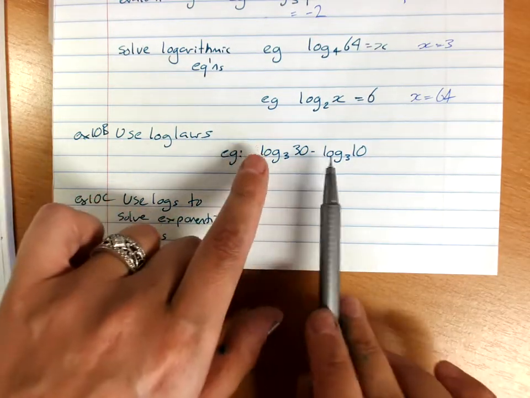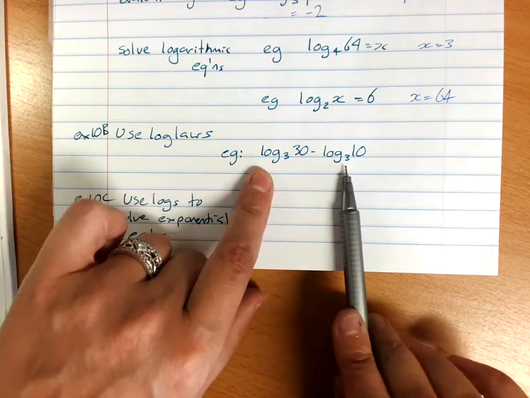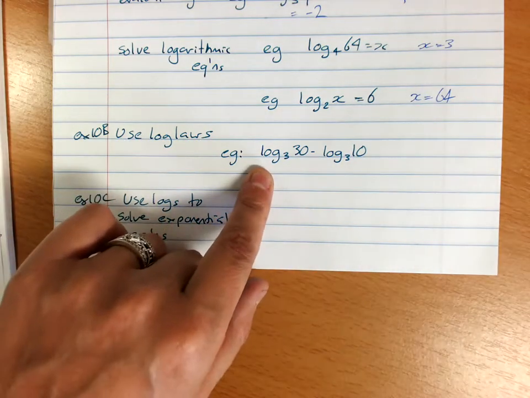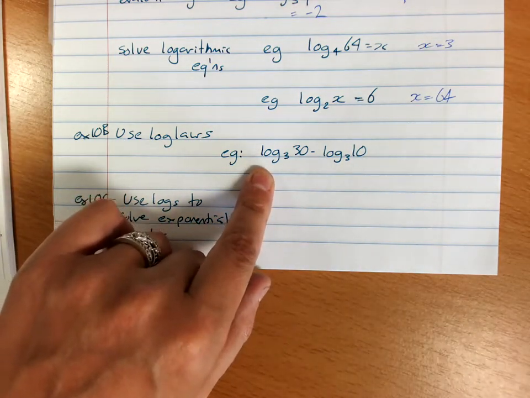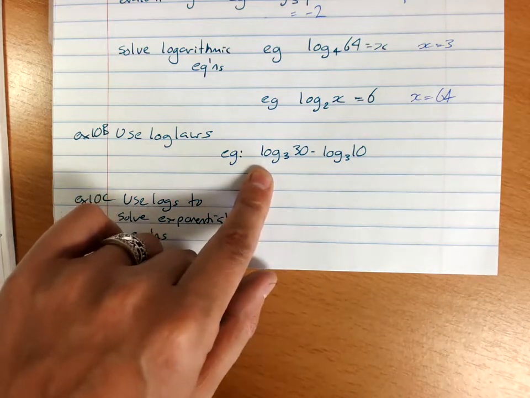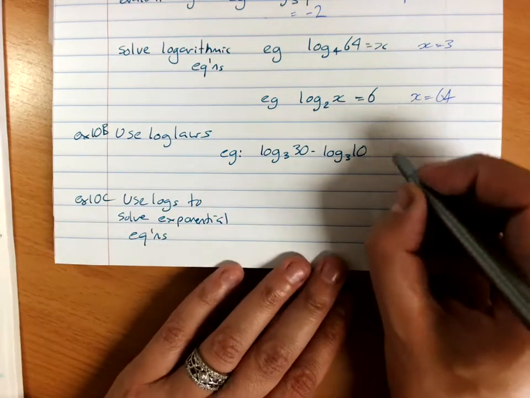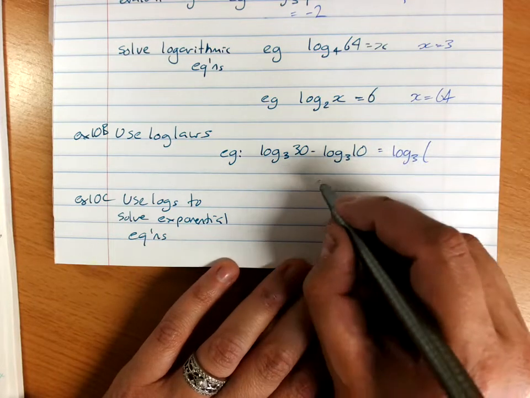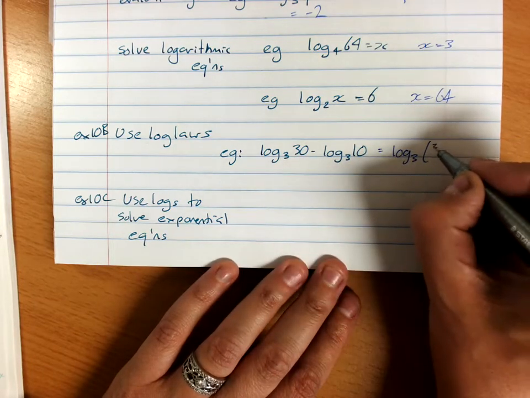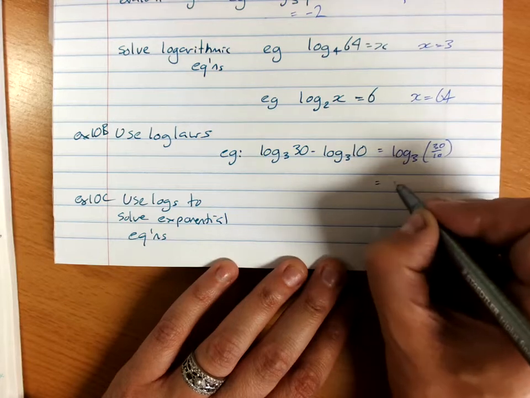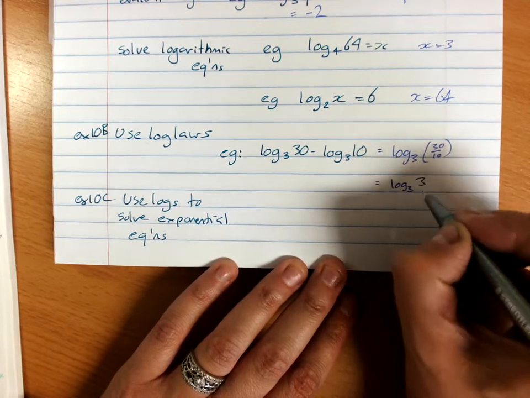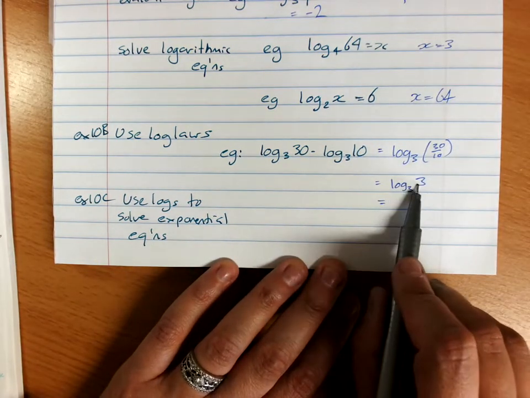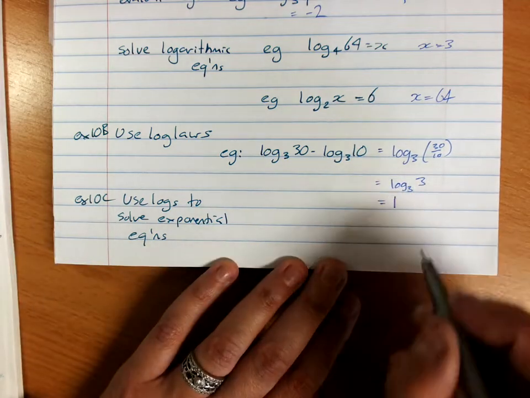So you see subtraction, you relate that to the index law where you subtract powers. You subtract powers when you divide. So I divide. This will be log base 3 of 30 over 10. That's log base 3 of 3, and anything with the same base and answer is 1.